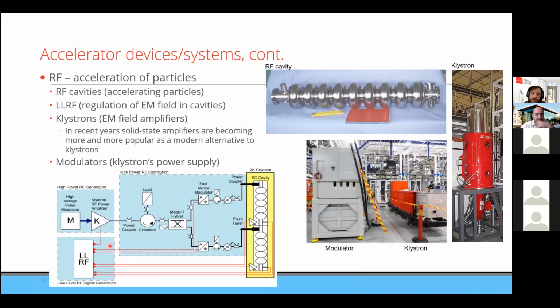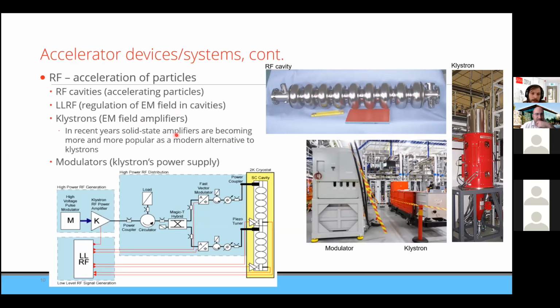RF cavities have a particular shape, and you insert a radio frequency wave inside, and if you put in the correct radio frequency wave, it starts oscillating in this shape. So the biggest electromagnetic field is here, and it accelerates the particles.